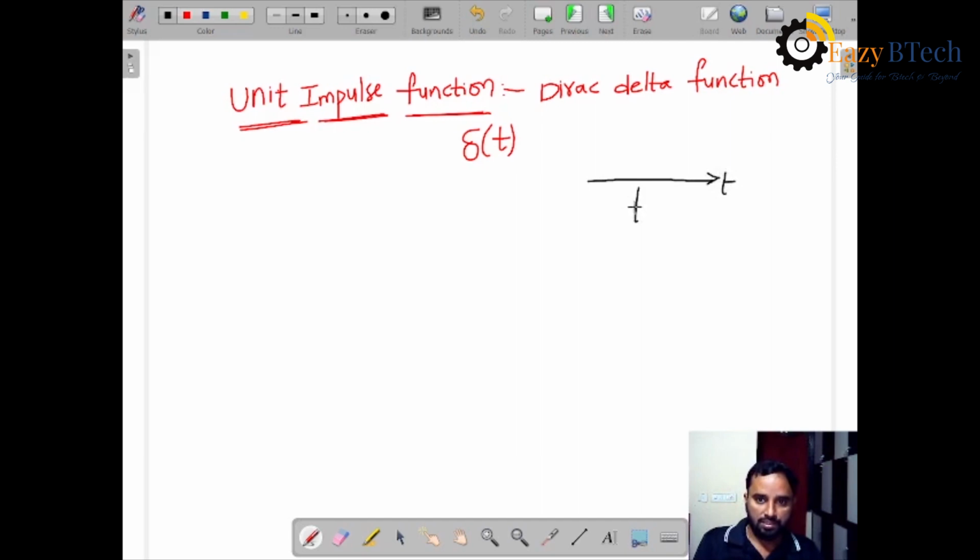Now this unit impulse exists, or is only defined, at t equal to 0. This is the impulse function del of t.